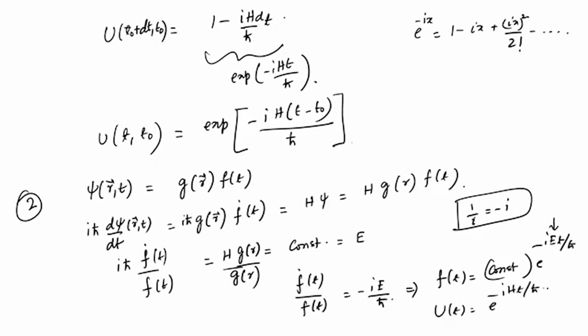Okay. So, this is how the wave function evolves with time. If you are given a wave function at an earlier time, you can multiply it by exponential minus i H t by h cross, where H is the Hamiltonian of the system, and get the wave function at a later time.